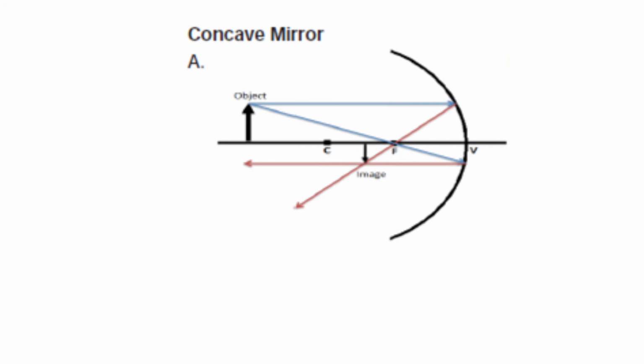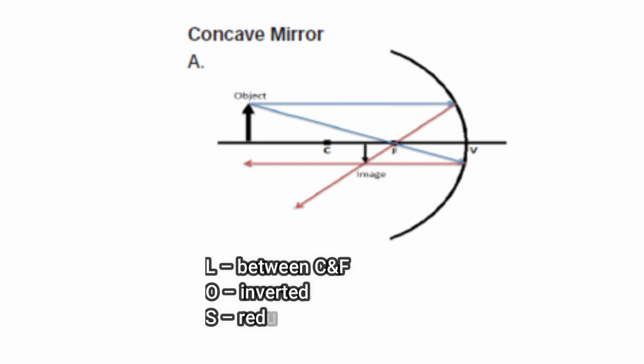Suppose that the object is located at this distance, farther than or beyond the center of curvature C. Applying ray diagram, you will get this. The point in which the reflected rays meet is the tip of the reflected image. The location of the image is between C and F. The orientation is inverted, the size is reduced, and the type is real.